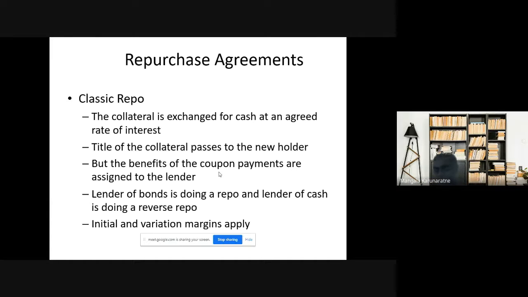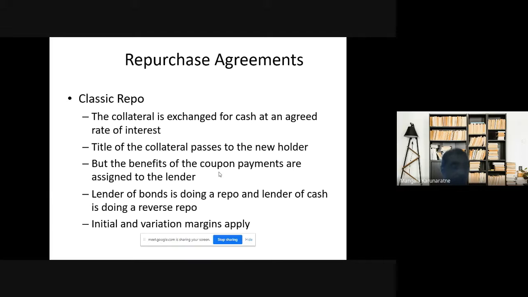Now, initial margin: when we give a security to a customer, we need to cover his cash value. We take money and we give a security. This is a repo transaction. To enter into this transaction, you should have a master repurchase agreement, and then we need to agree on a rate of interest.